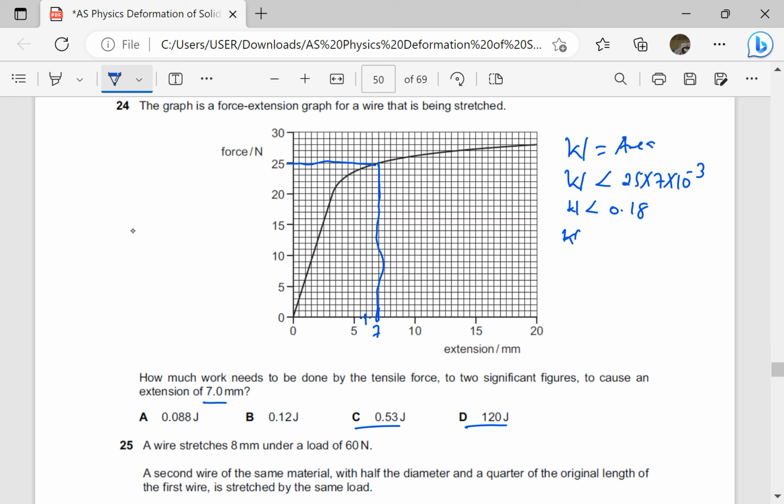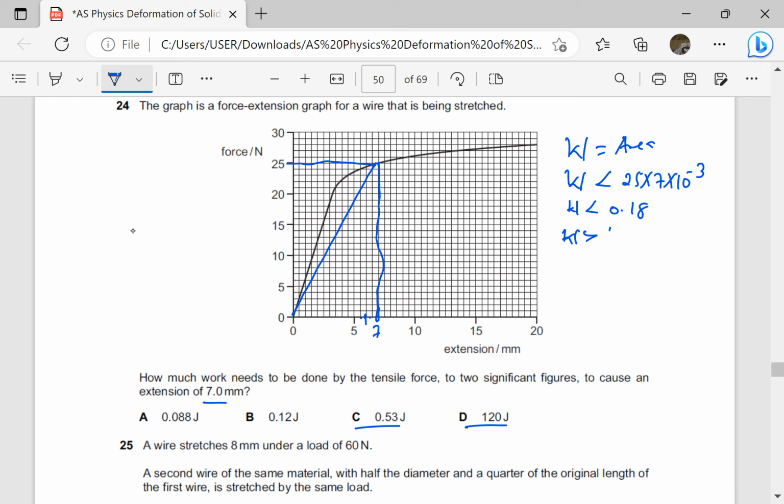Then the work done should also be greater than the triangle which I'm going to draw in here. So let me draw a triangle here so that I find its area. I could have drawn a trapezium. It is very possible, but it will cause me problems.